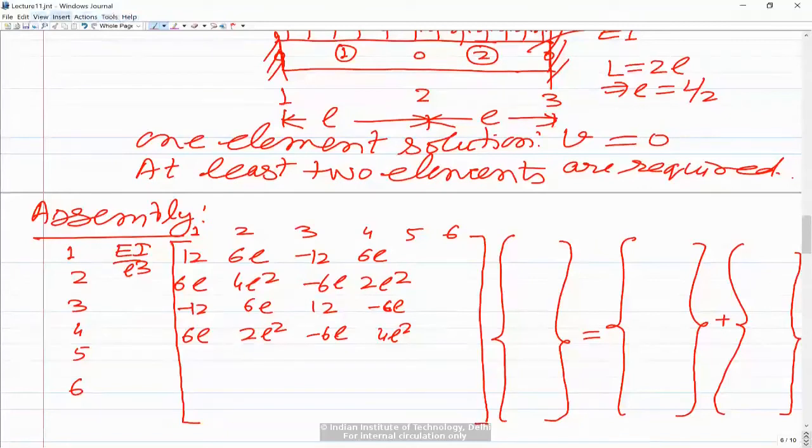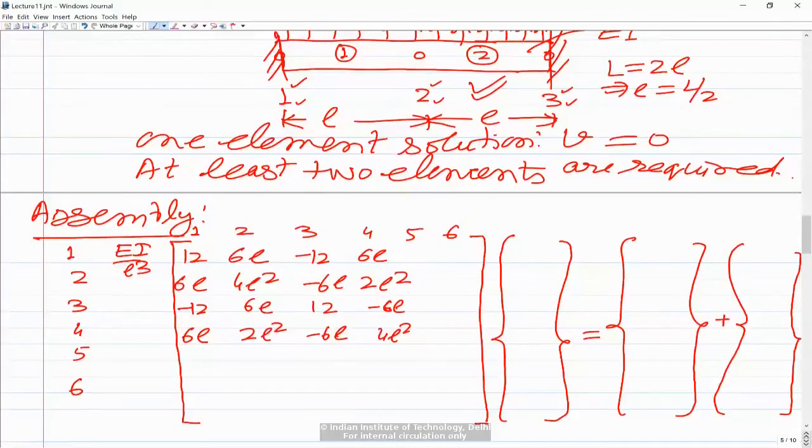Okay, I'll continue. Now if you see the second element, that is this particular element. The second element is defined between global node number 2 and 3. The degrees of freedom are first two degrees of freedom v1 and theta 1 at global node 1, and then we have v2 and theta 2 at node 2 and v3 and theta 3 at node 3.